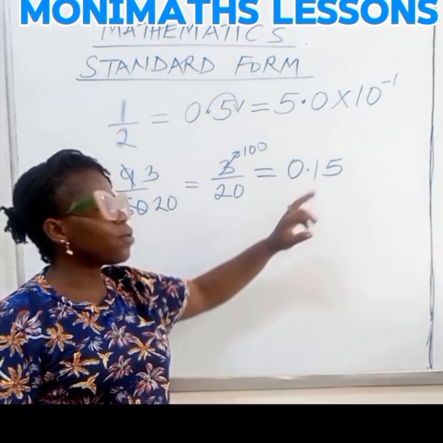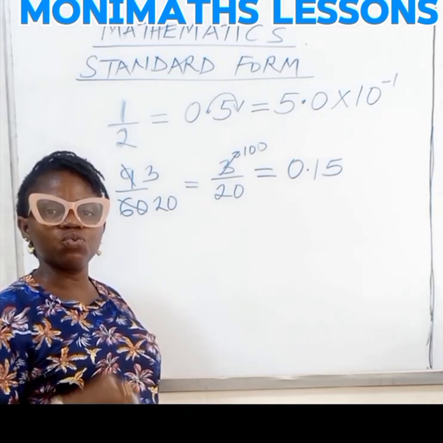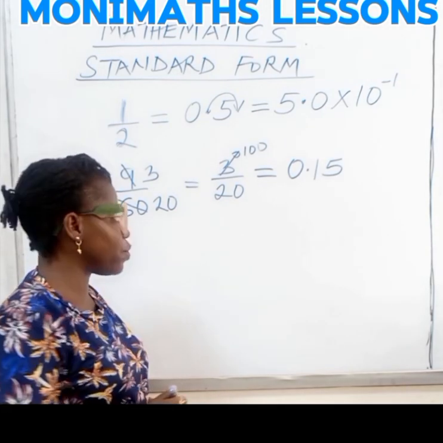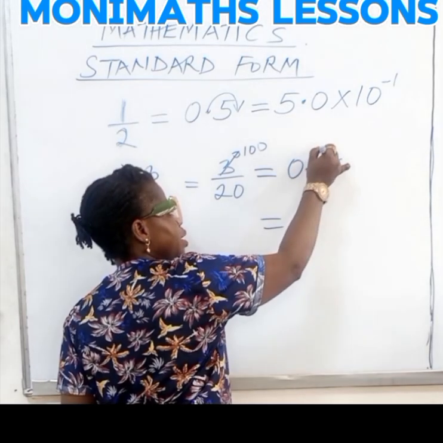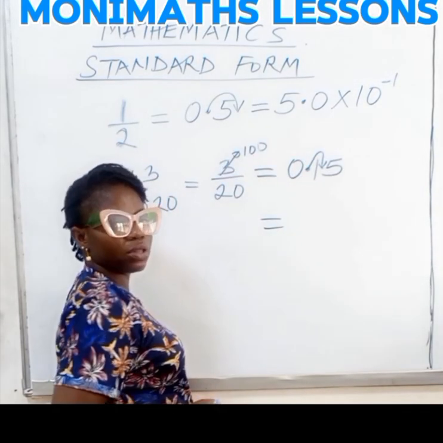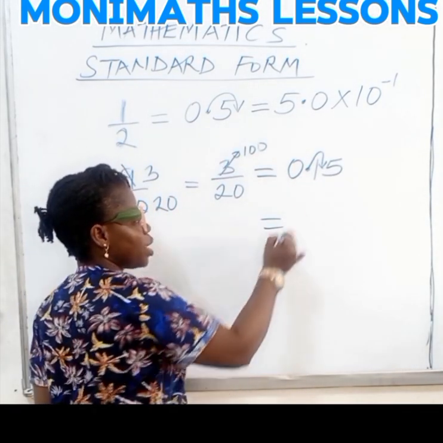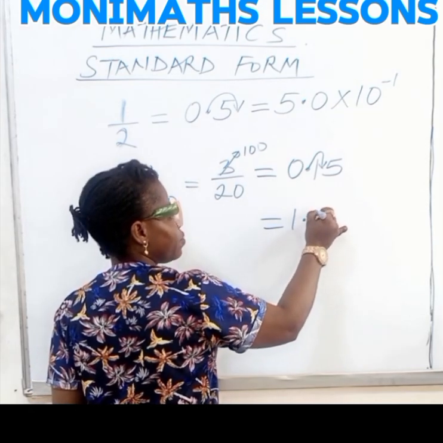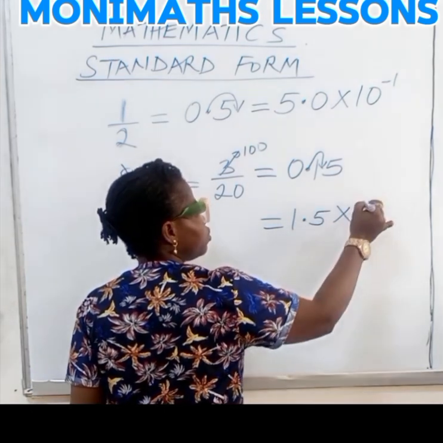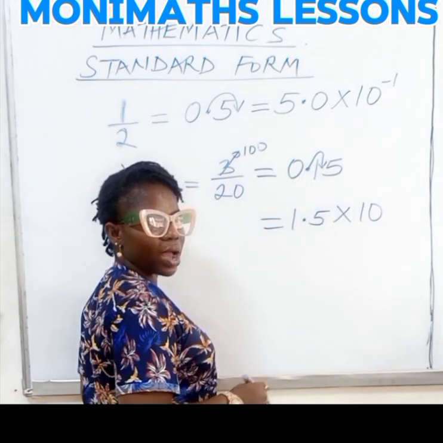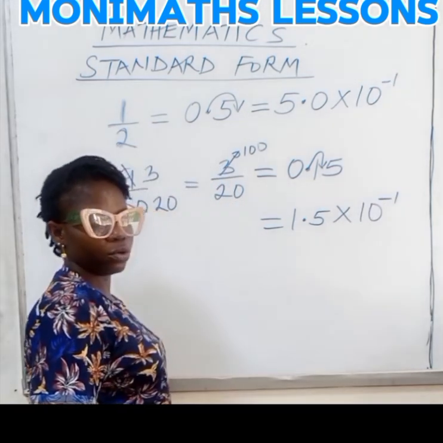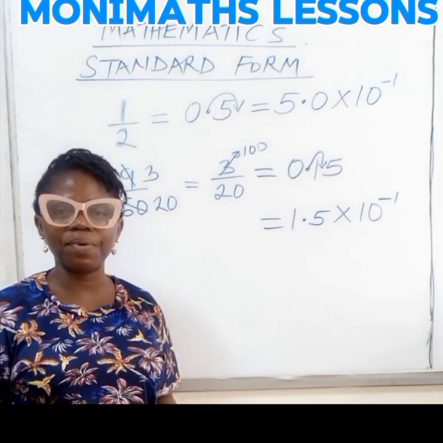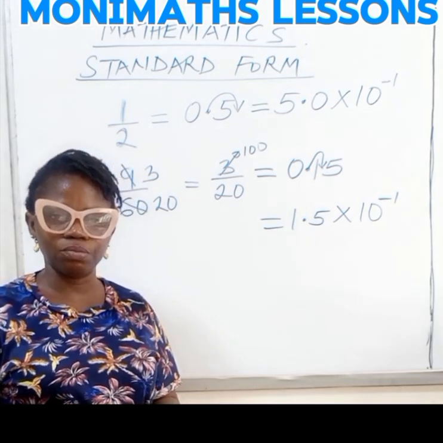It is this 0.15 now that we will write in standard form, which will give us, moving this decimal point from here towards the right to the back of 1, so that we have 1.5 times 10 raised to power, you move it towards the right, what? That is 10 raised to power minus 1. And that is simply about writing in standard form.